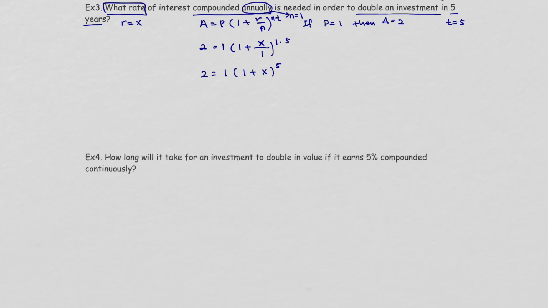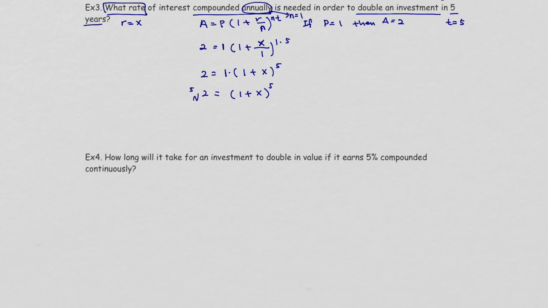And then, let's see. How do we get rid of... and I can even get rid of this multiplication of 1, right? Because any number times 1 is going to be itself. So that is equal to 1 plus x to the 5th exponent, right? And we can get rid of the 5th exponent by the 5th root.